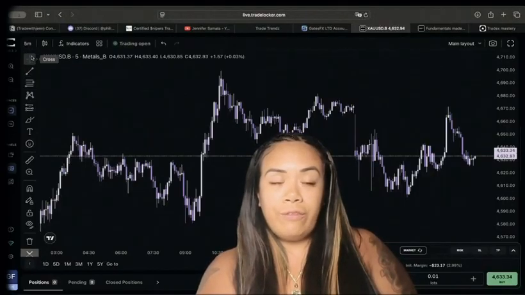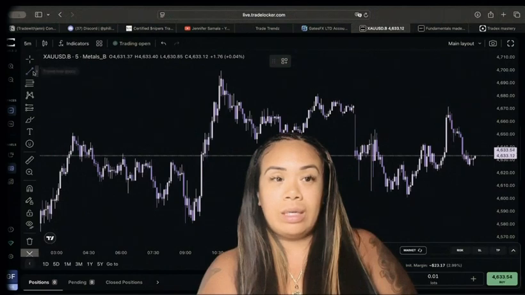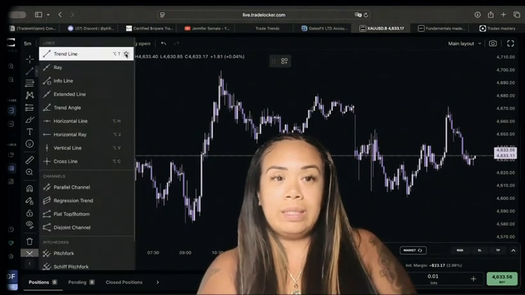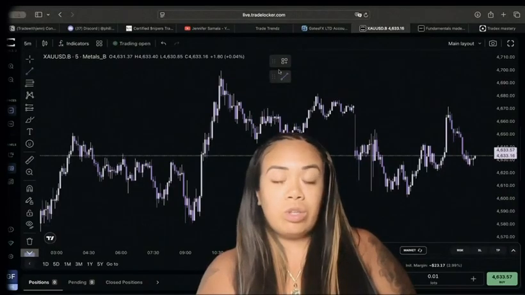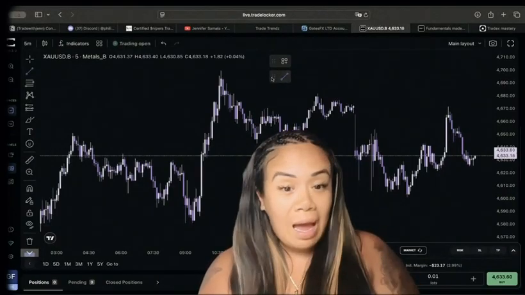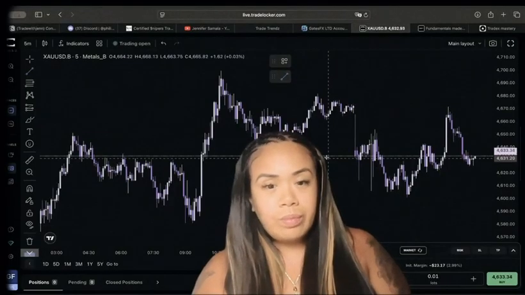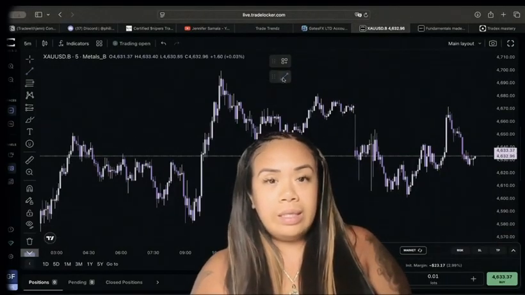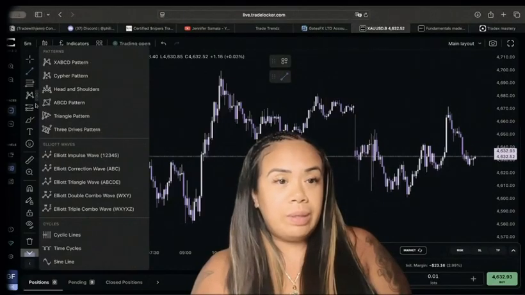It's actually not the first one, but the second one. As you see here, it says trend lines. We're just going to open this and put a star right next to it. As soon as you put a star next to it, that means you've favorited that particular tool.